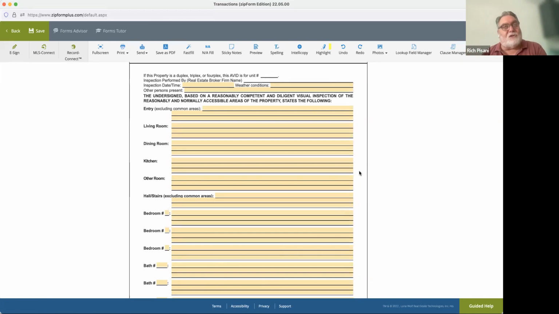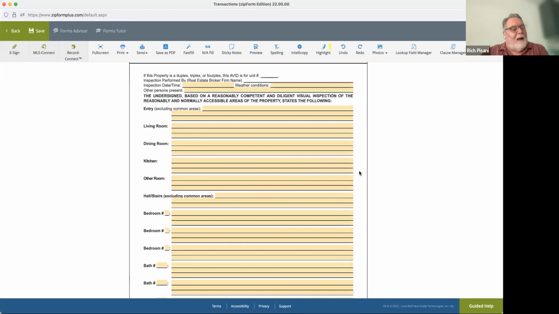And even though it's a visual inspection, you should also take into account what you smell and what you hear. So if there's a lot of street noise, you're going to say street noise is heard. Or right now I'm hearing a helicopter. I just had my patio doors replaced with double pane. I shouldn't be hearing that.